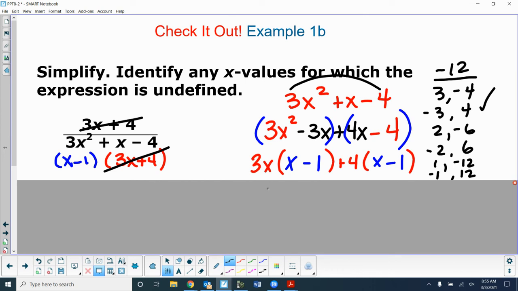Now, if everything cancels up top, what number is there? 1, not 0, 1, right? So our answer is 1 over what? X minus 1. What are my restrictions? Positive 1. What makes that 0?